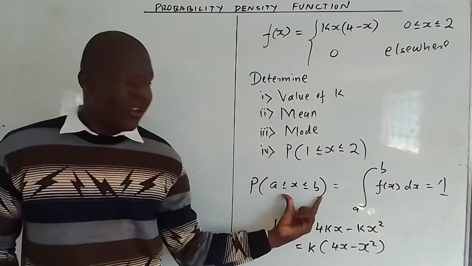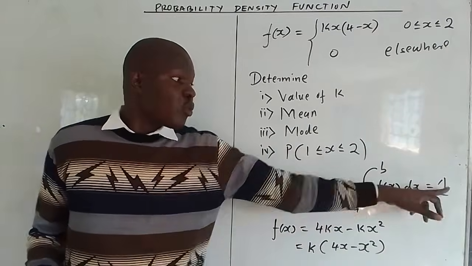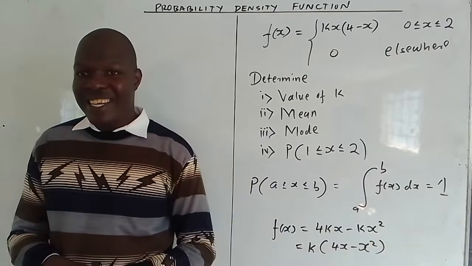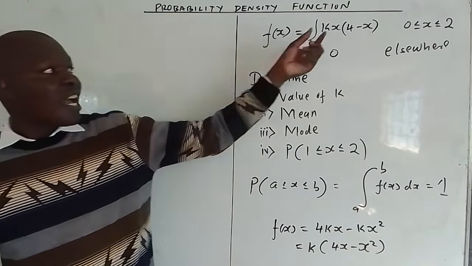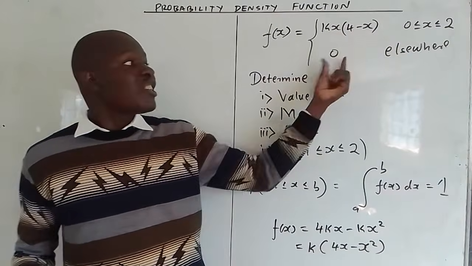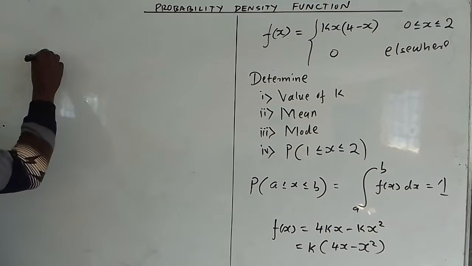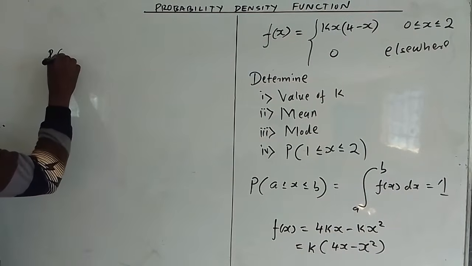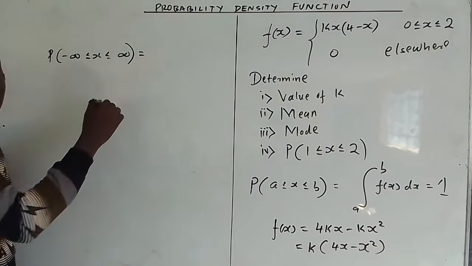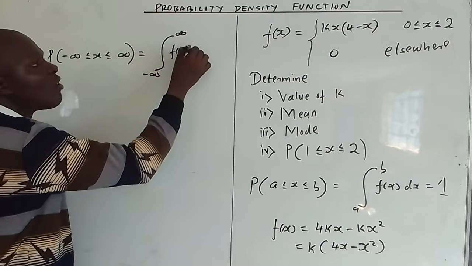The whole range of a probability measure is 1. This probability is equal to 1. But how do we get it? You integrate the whole PDF over the whole of that range. Our probability density function f of x is given on the range 0 to 2, and 0 elsewhere. If x is between negative infinity and infinity, then you integrate from negative infinity to infinity of f of x dx.